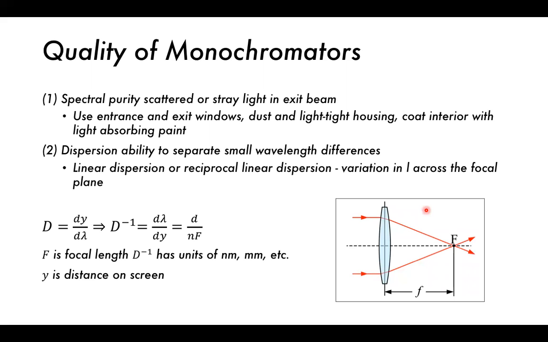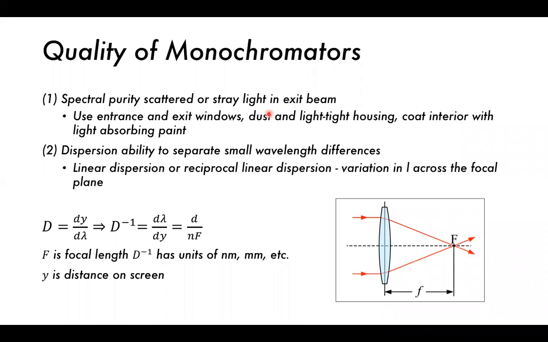So we use entrance and exit windows, dust and light tight housing. We coat the interior with light absorbing paint. So basically that means that any stray light which is not being processed by the monochromator, or which leaks out, will be absorbed by the housing, which is painted to absorb the light, which means that instead of it being reflected around and doing crazy things, it just gets absorbed and that's it.